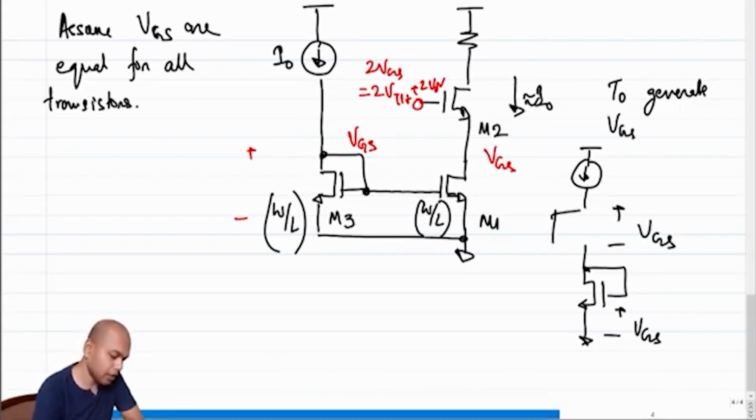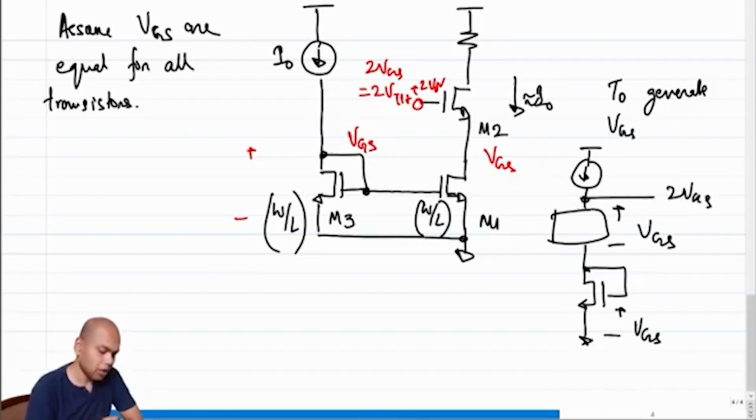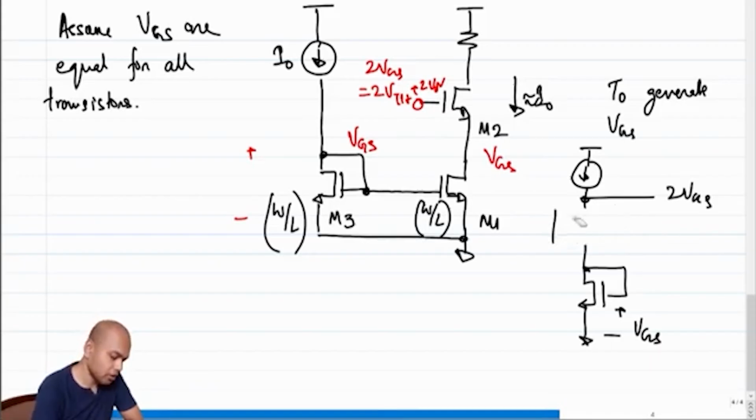If I put something here to get another VGS, this voltage will be equal to 2 VGS. So what should I put there? So if we see this two terminal device, if this two terminal device is getting me VGS, if I put the same thing on top, what will I get?